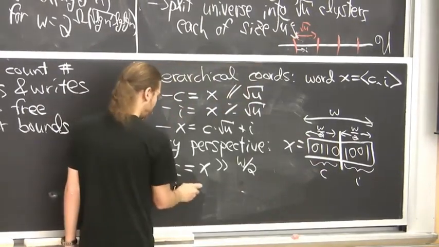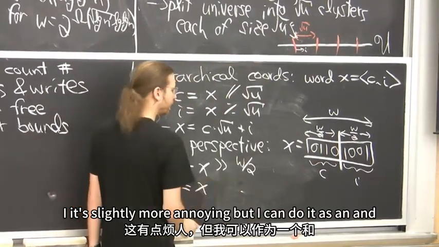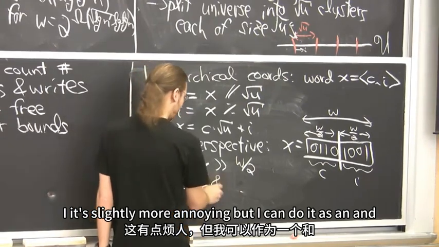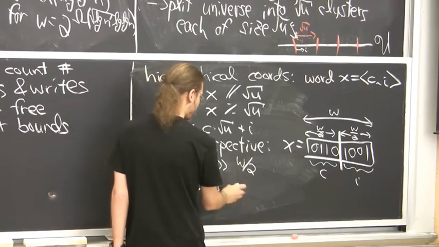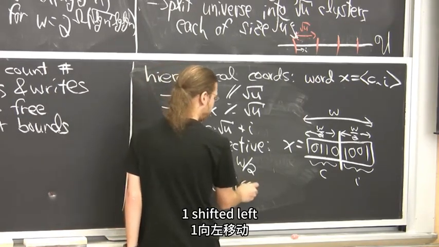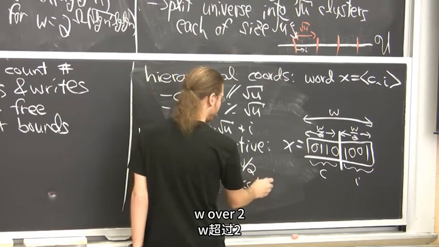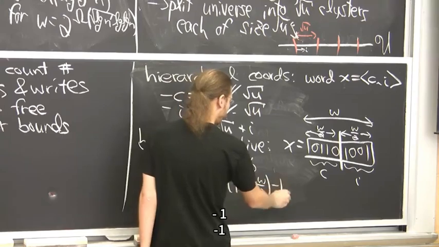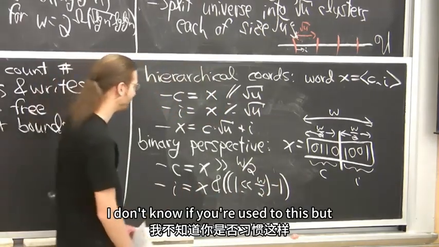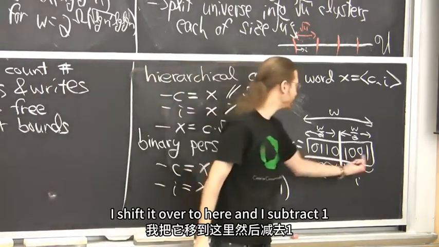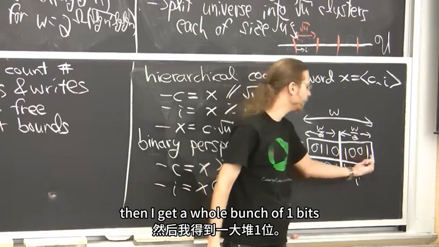If I want i, it's slightly more annoying, but I can do it as an AND with 1 shifted left by w over 2, minus 1. That's probably how you do it in C. I don't know if you're used to this, but if I take a 1 bit, I shift it over to here, and I subtract 1, then I get a whole bunch of 1 bits.